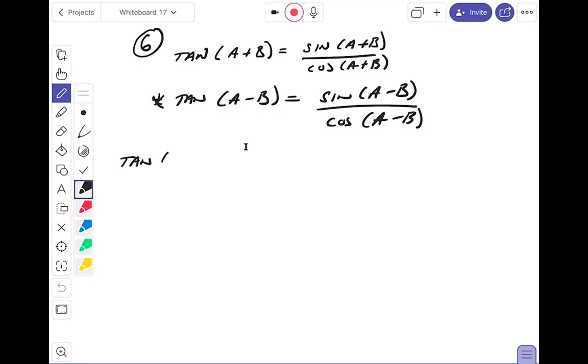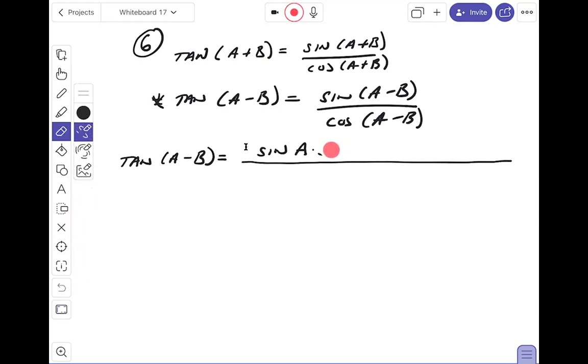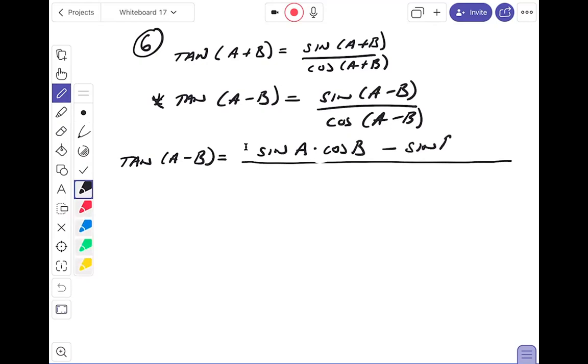Tangent a minus b is equal to, let's write this down, sine a, sine b. I'm sorry, I'm daydreaming again. Sine a cosine b minus sine b cosine a.